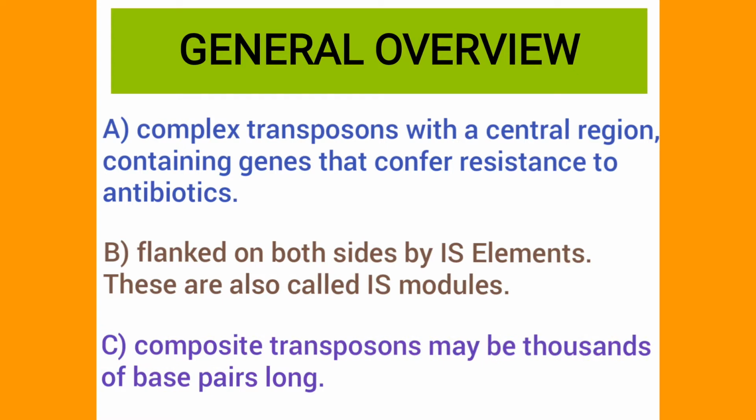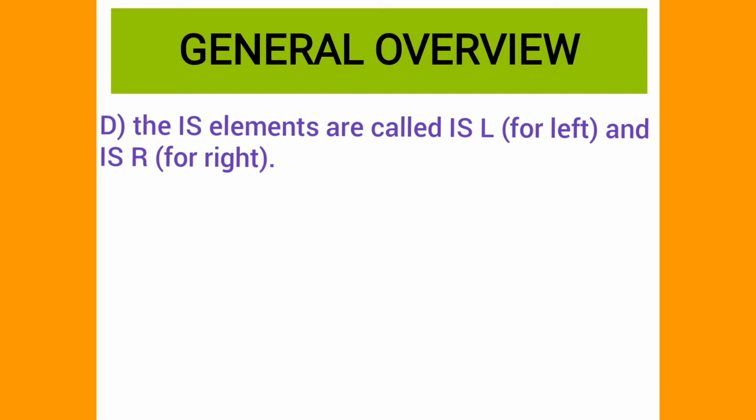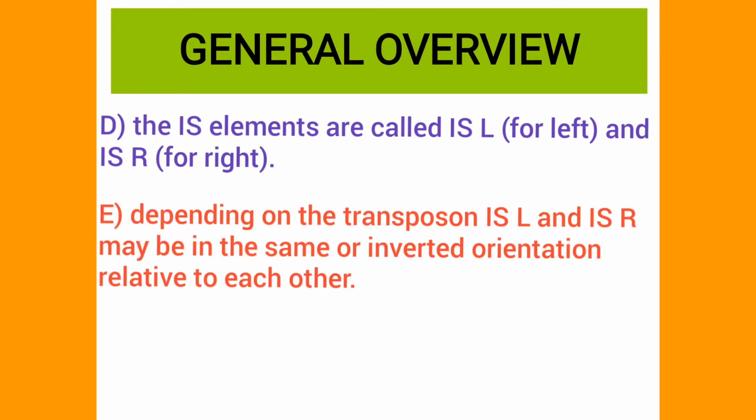Composite transposons may be thousands of base pairs long. The IS elements are called ISL for left and ISR for right. Depending on the transposon, ISL and ISR may be in the same or inverted orientation relative to each other.